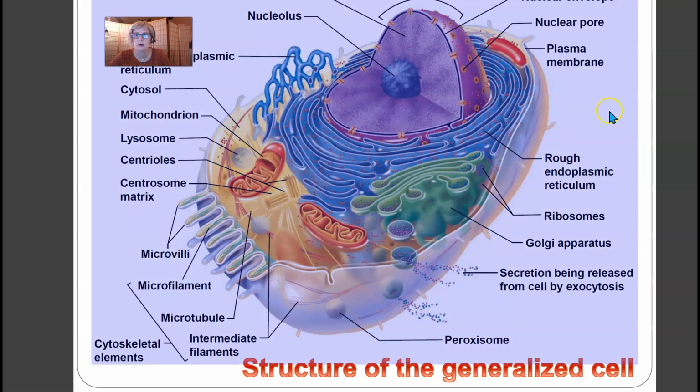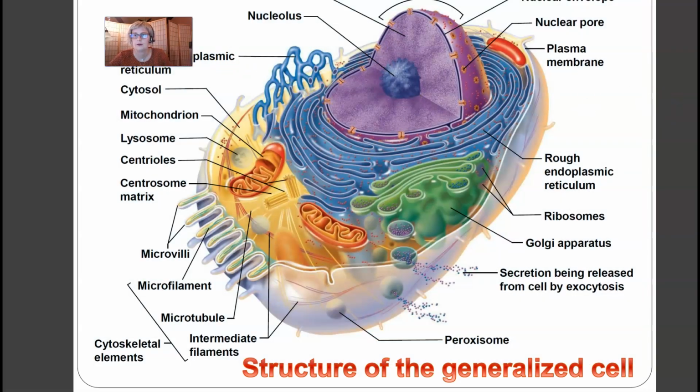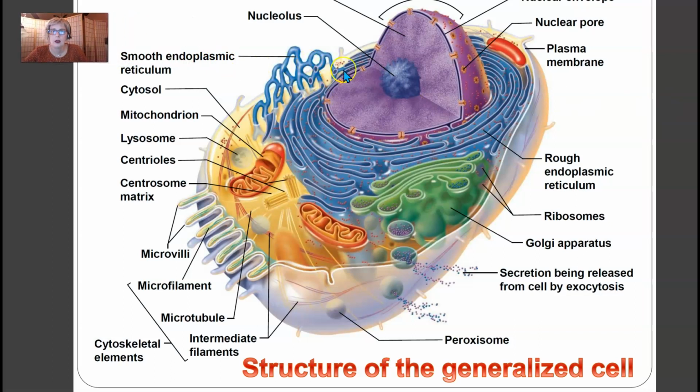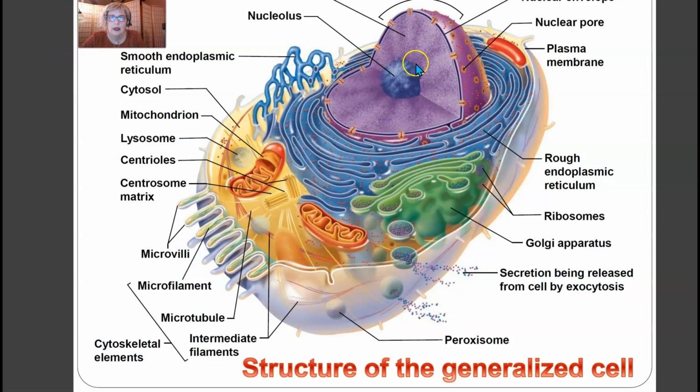The first thing I want to discuss is the nucleolus, as I mentioned before. The nucleoplasm is where the chromatin is located.